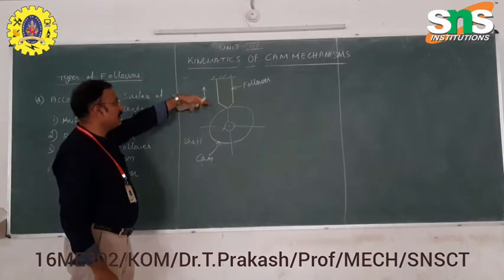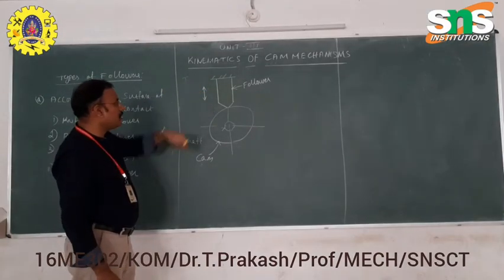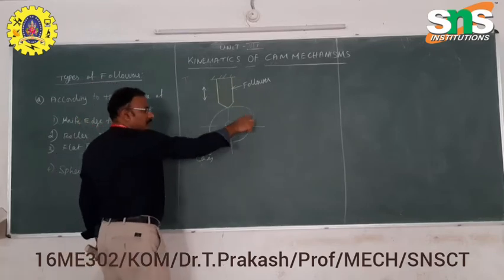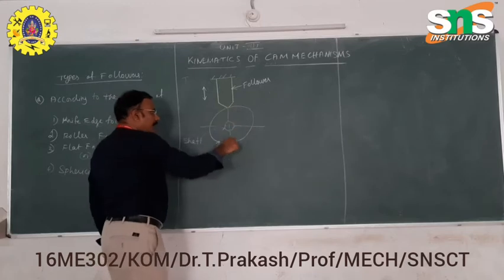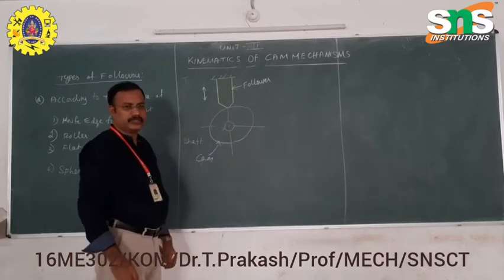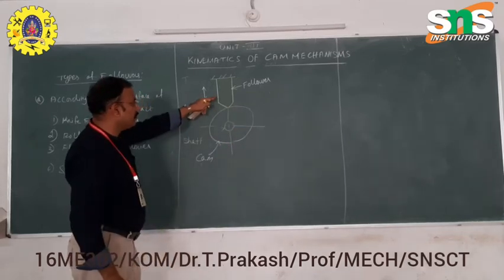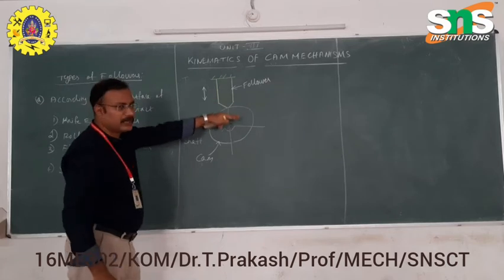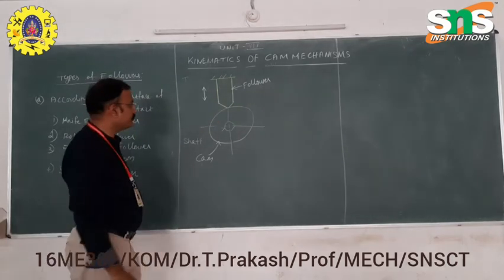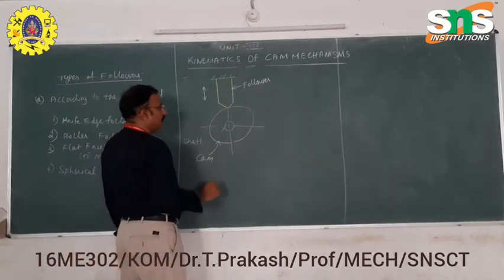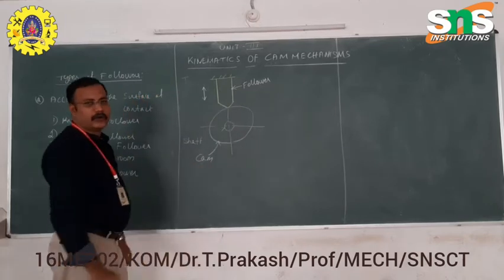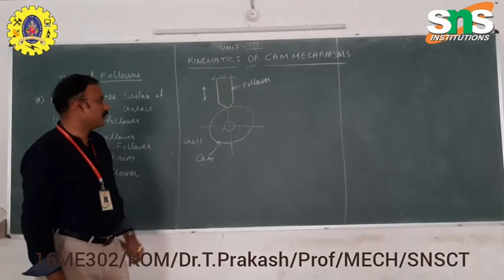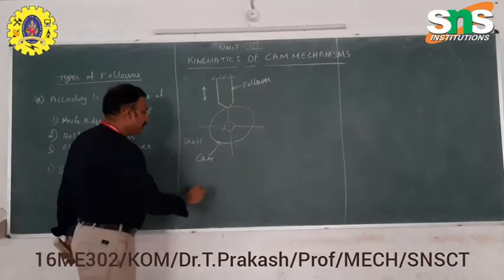Due to the cam shape, the follower moves up and down. It follows the path of the cam profile, so it is called a cam follower. Here, in the knife edge follower, the edge of the follower is in knife form. Therefore, the name given is knife edge follower.